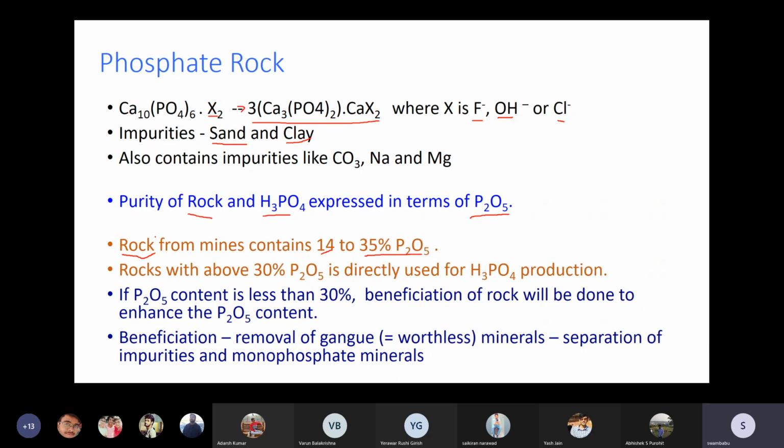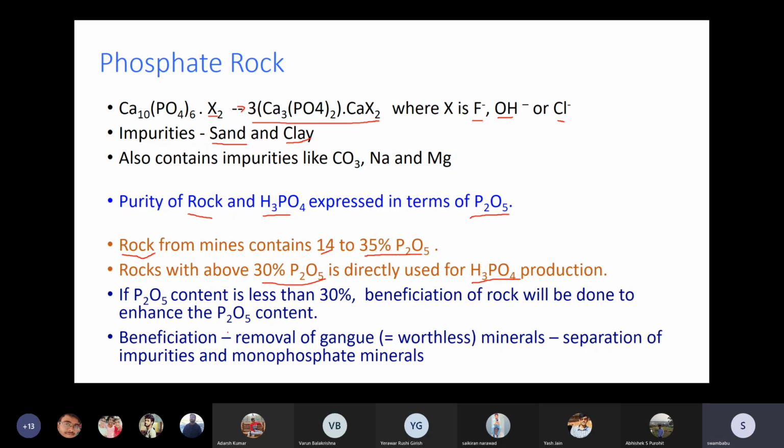An important thing to note here: if the purity is above 30% P2O5, that can be directly used for phosphoric acid production. It will be economically acceptable even for the reactors and the processing conditions.